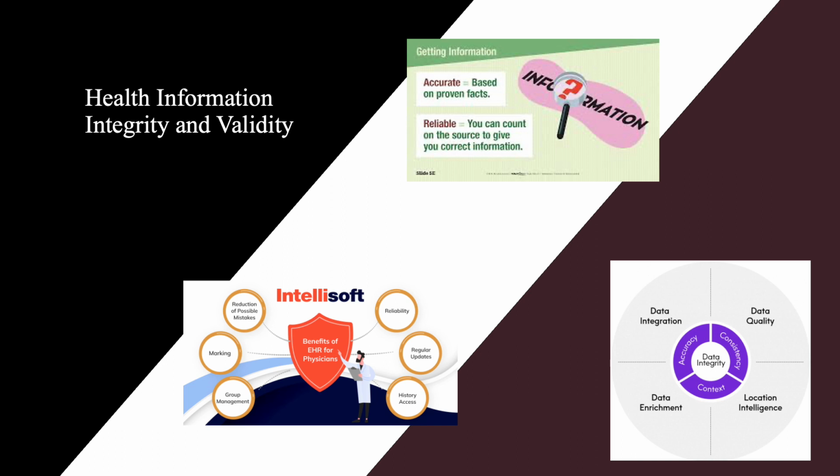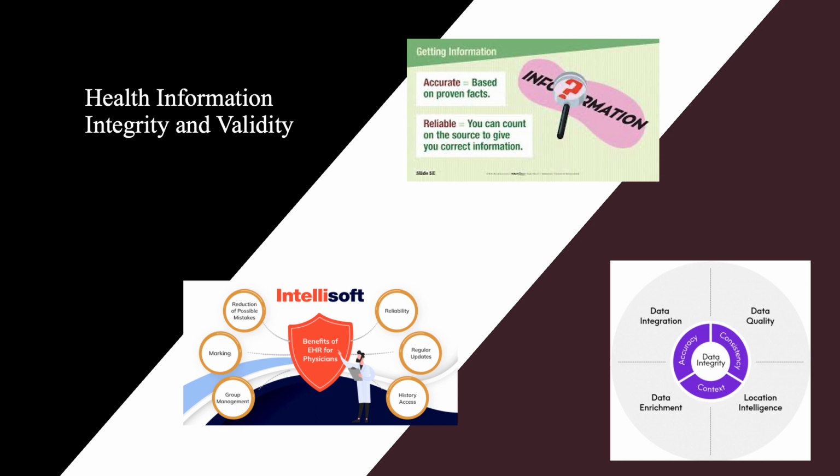On the top of this slide, there is validity, which is accurate and reliable. Accurate equals based on the proven facts, and reliable equals you can count on the source to give you correct information, which is true for validity, since health information validity is the accuracy and truthfulness of health information.